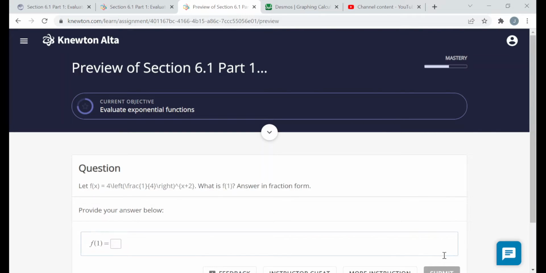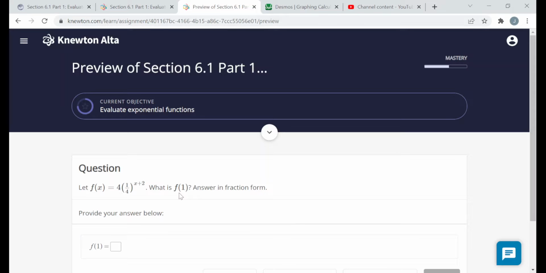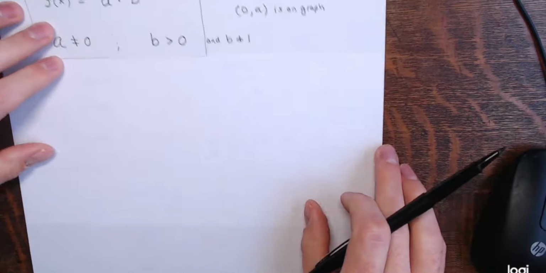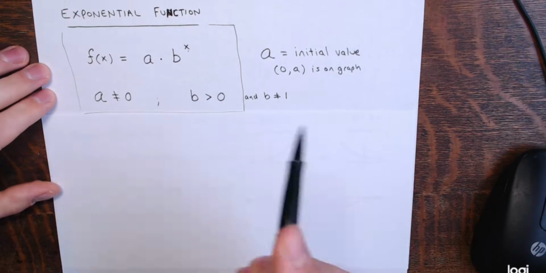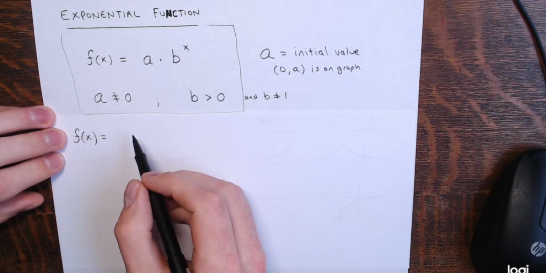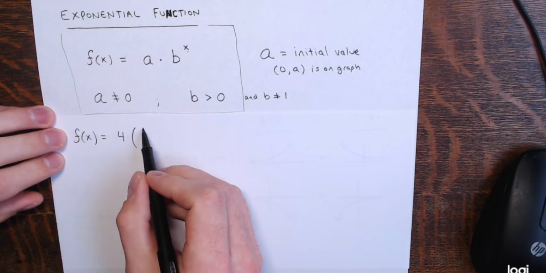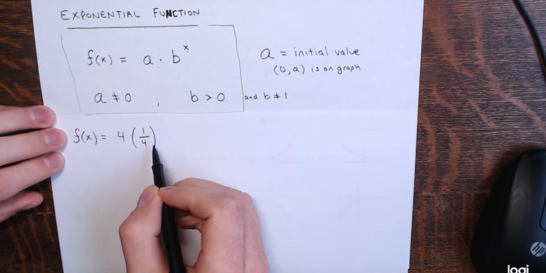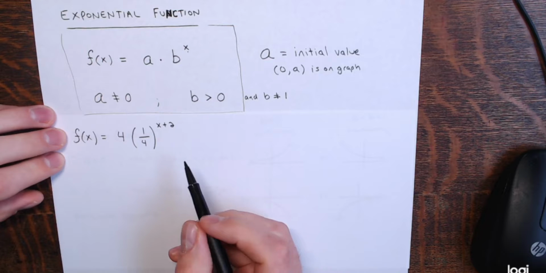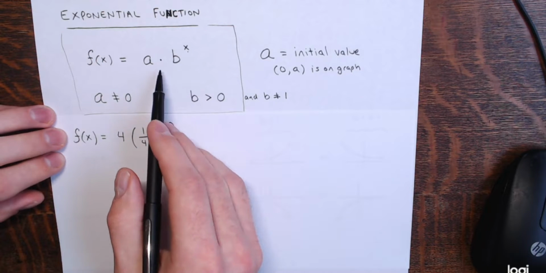Okay, and one more evaluation. So this one I'll actually write out because the power is not going to be 0 this time. The function we're given here, f of x equals 4 times 1/4 to the x plus 2 power. I know it doesn't look like this form, but it can be written that way.